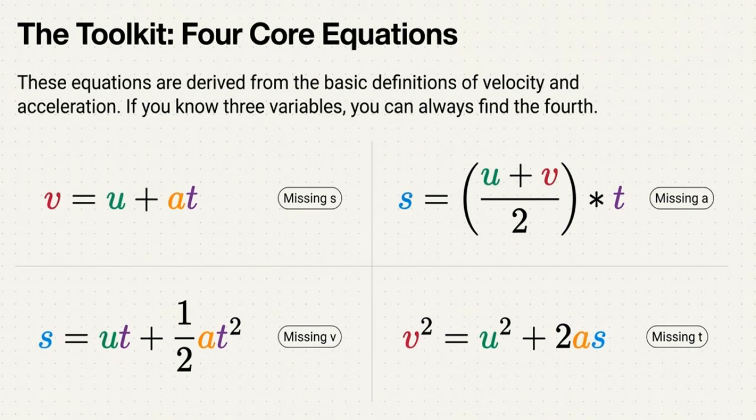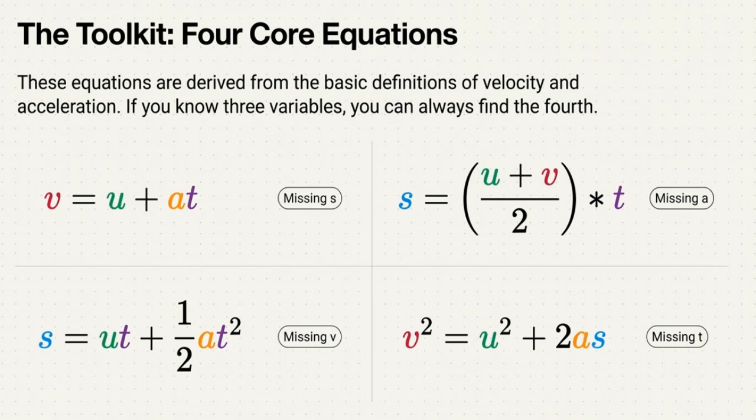Here are 4 key equations that form the foundation for solving problems involving velocity, acceleration, time, and displacement. Each one connects these variables differently, so if you know any 3, you can use the appropriate formula to find the missing one. For example, the first equation relates final velocity to initial velocity, acceleration, and time.